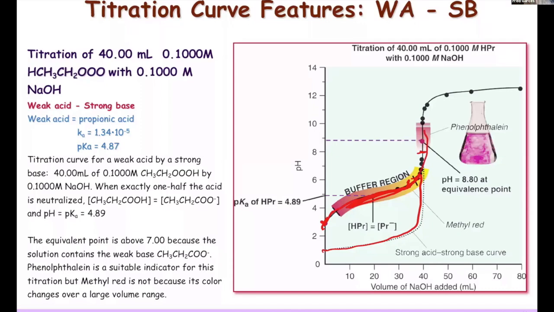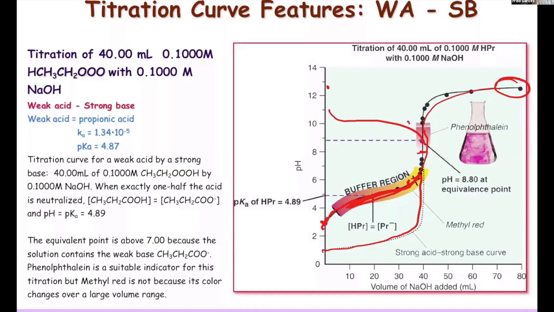Because the conjugate is going to produce hydroxide. So the pH at the equivalence point is going to be above 7. If you're titrating a weak acid, the conjugate now is running the show. It's going to be above 7. And then here you're going to end up, because you're mostly titrant there, it's going to be in the high value. If this was opposite, you'd see something like this.